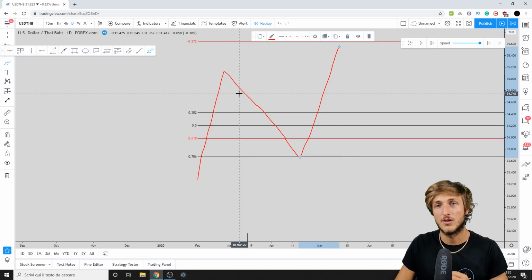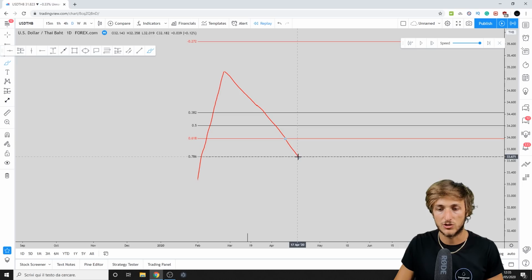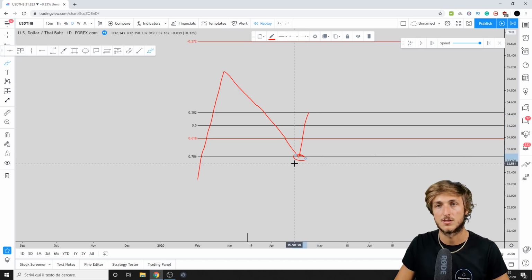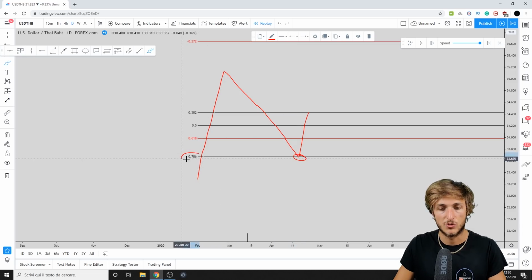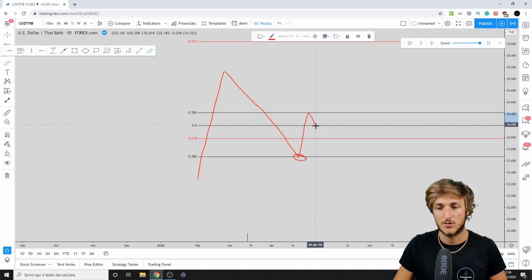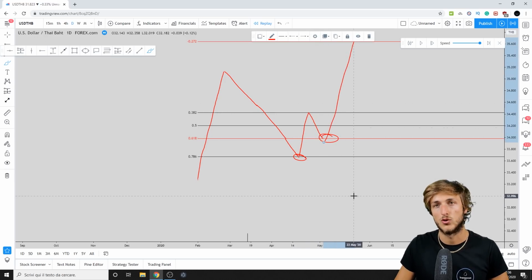But this is not how the market moves most of the times. Most of the times, after the market reaches the 0.786, for example, the market will break above the Fibonacci levels. But keep in mind, this was the first step. The market most of the times will go for a second step. So if it just tested the 0.786, it will test as the next Fibonacci level the 0.618, and then it will continue to the upside.